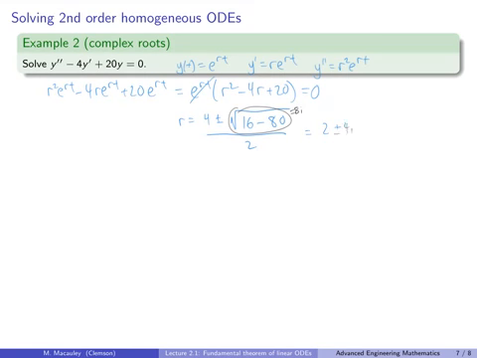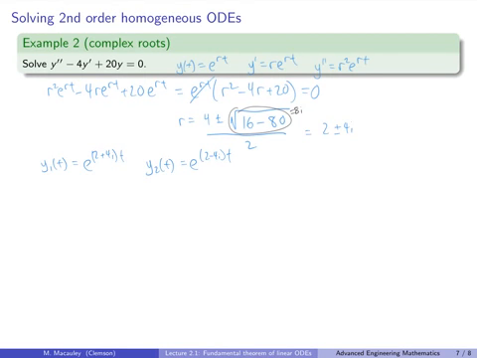So what that means is, well, we have two solutions. y1 of t equals e to the 2 plus 4i times t, and y2 of t equals e to the 2 minus 4i times t. So this means that we have the general solution.